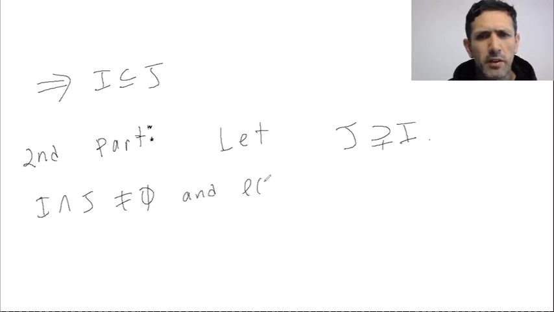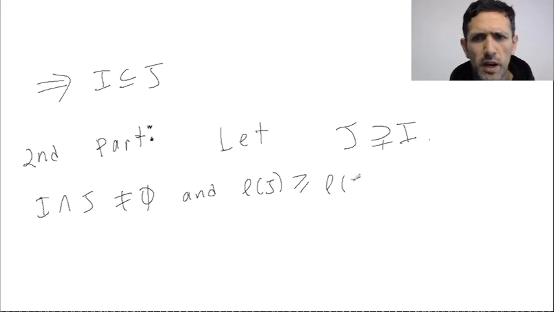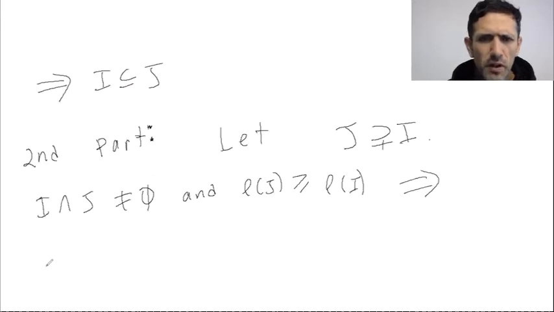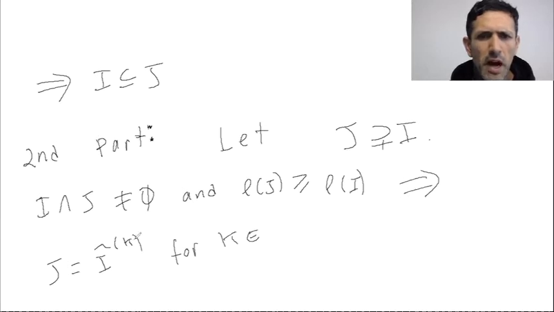And obviously the length of j is bigger or equal to the length of I. And we exactly proved that in this case, j has to be the kth generation parent of I for some k, could be 0, which we define this as I. If the length of j equals the length of I, then these are equal.